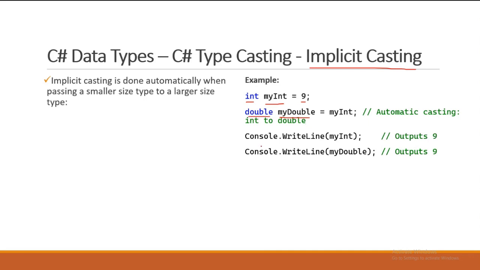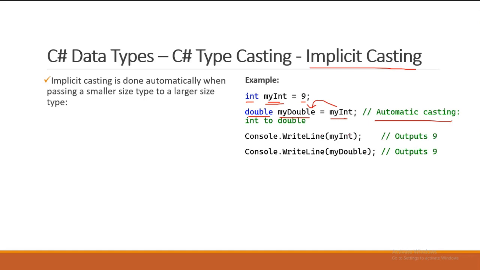The type of the variable is double, and we try to assign this my int value to my double, and it will be automatic casting. We don't have to convert it explicitly because int is lower than double, and because of that the casting happens implicitly.